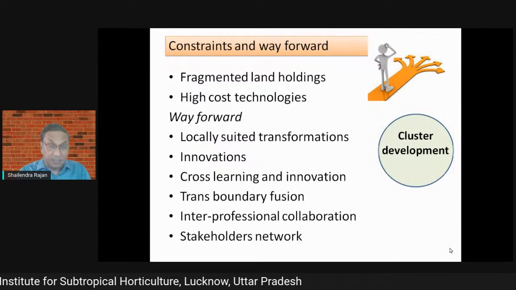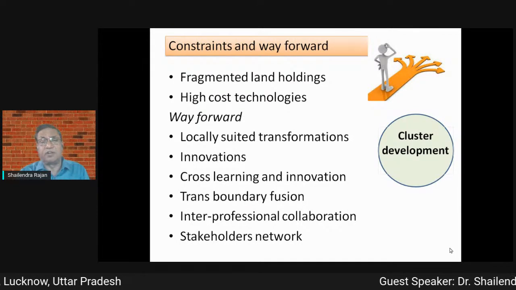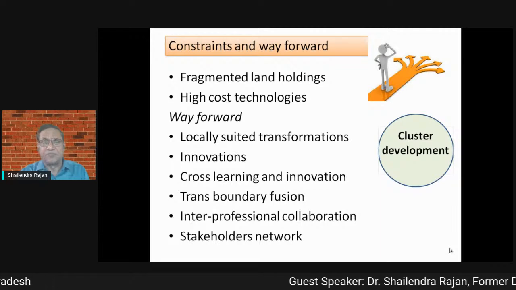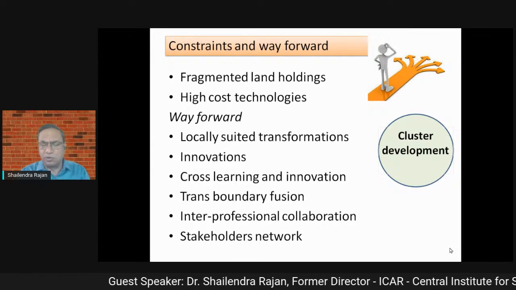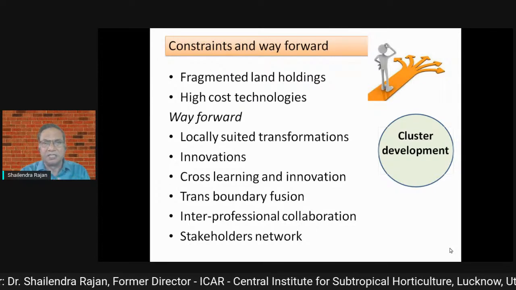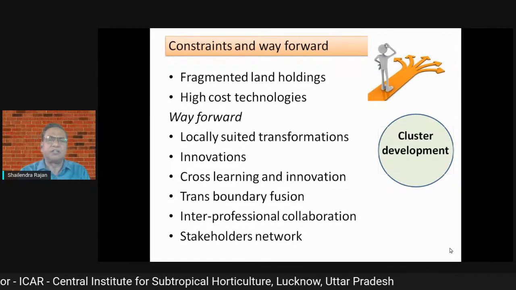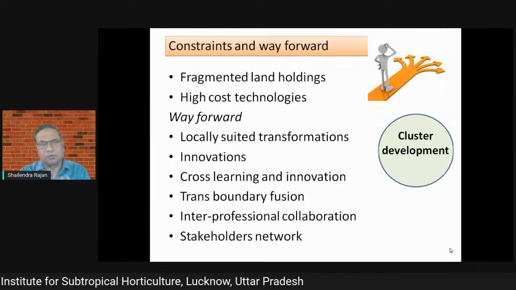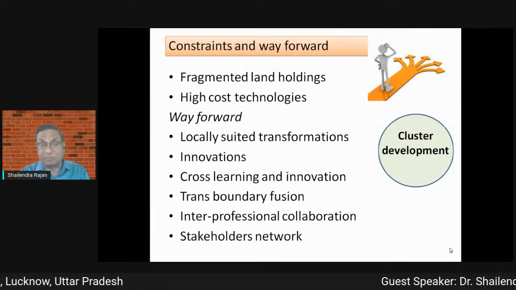But there are constraints under Indian conditions, particularly for adoption of machinery and higher-end technology: fragmented land holdings, where the area per head is depleting, and the high cost of the technologies. These are the two limiting factors which reduce acceptability.